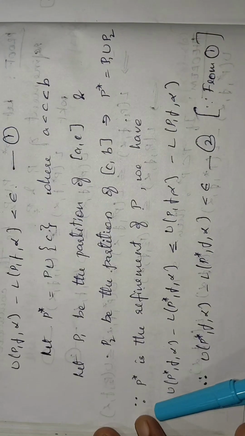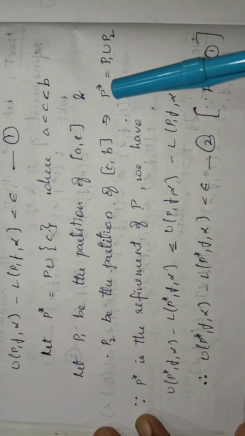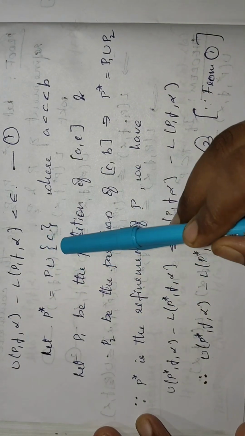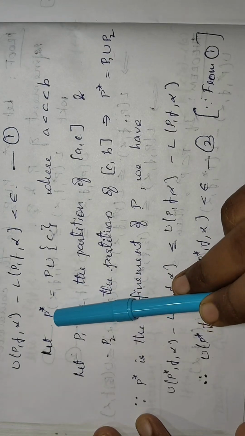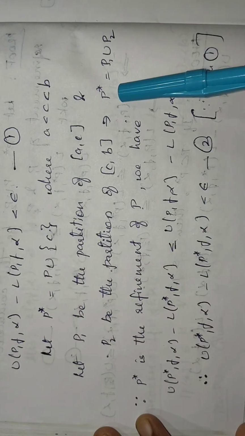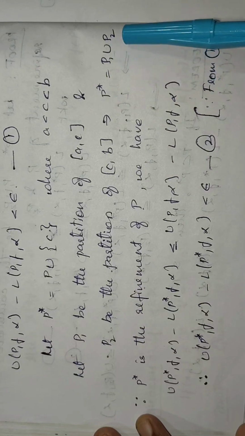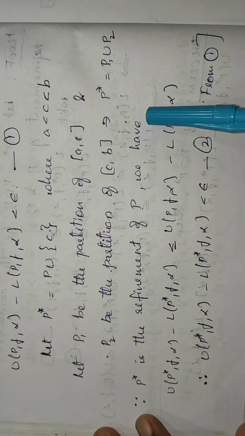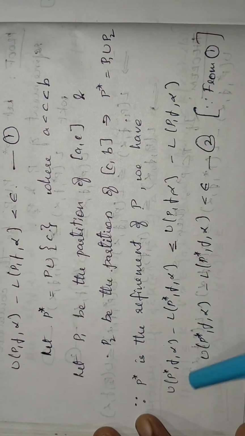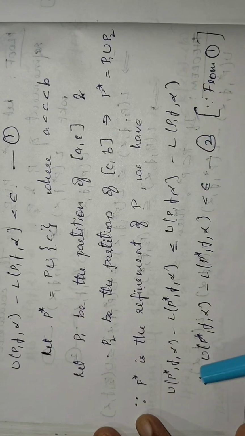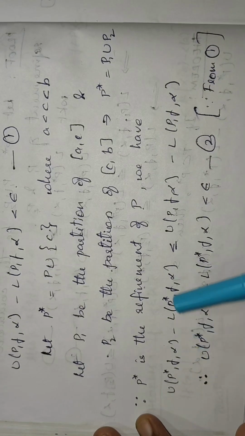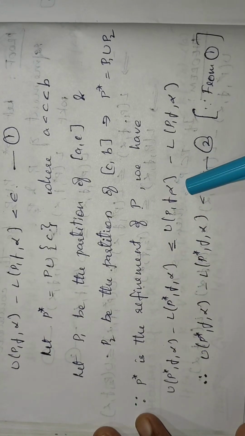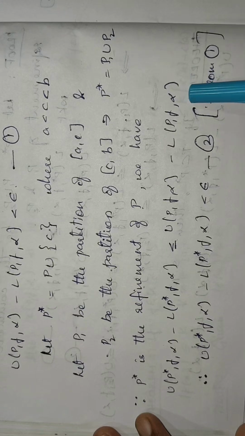Since P star equals P1 union P2 and P star equals P union singleton set C, P star is the refinement of P1, and it is the refinement of P2 also. Since P star is the refinement of P, we have this condition, from the previous theorem: U of P star comma f comma alpha minus L of P star comma f comma alpha is less than or equal to U of P comma f comma alpha minus L of P comma f comma alpha.